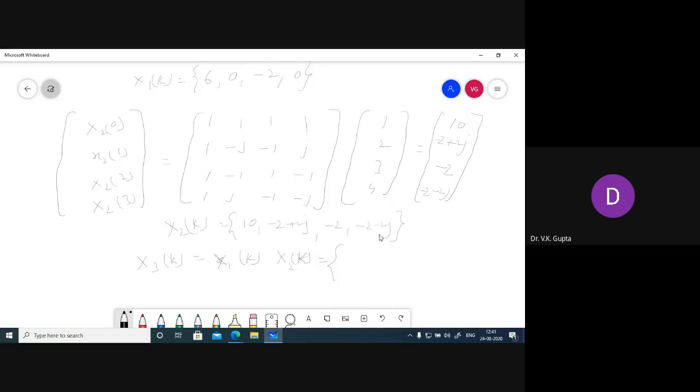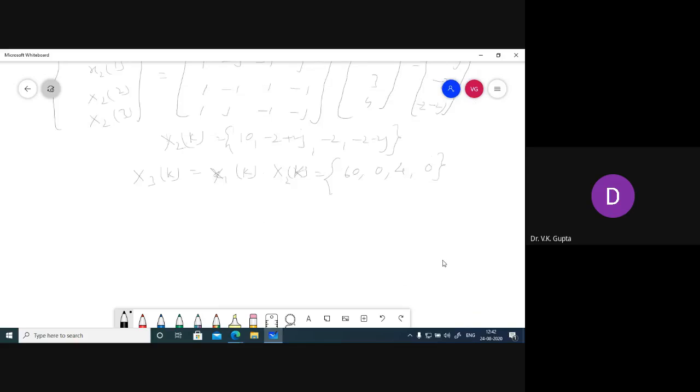And 0 multiplied by this is 0. So the multiplication will be 60, 0, 4, 0.